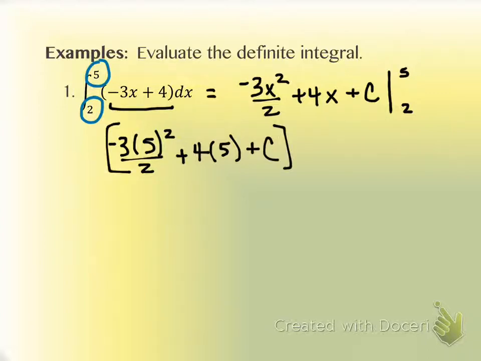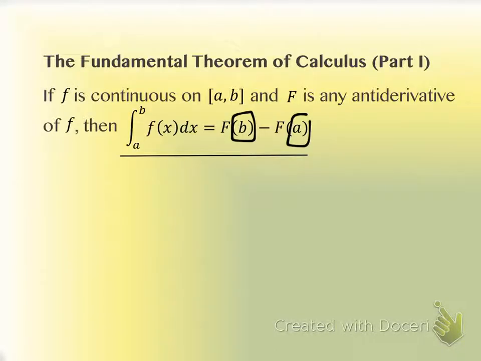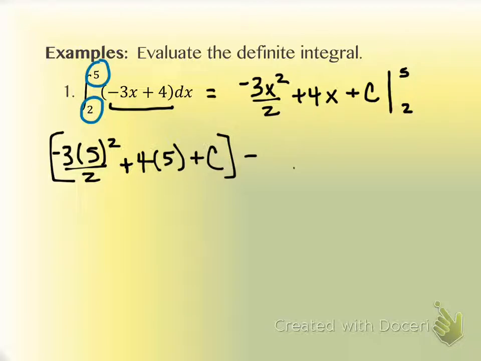We want all of that. And then we want to do the same thing at the value of 2, and then what? Subtract. Very good. So I'm going to put minus right here. I'm going to write the subtraction in now, and write the exact same thing, but with the 2 plugged in for x.